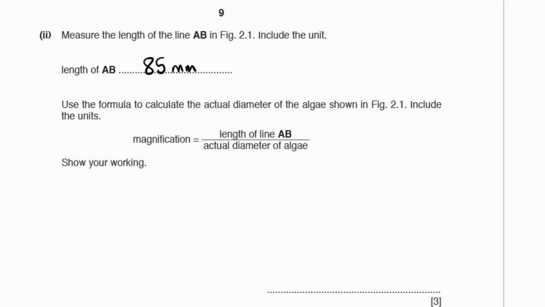85 millimeters. And use the formula to calculate the actual diameter of the algae shown in figure 2.1 and include the units. So magnification equals length of the line AB divided by the actual diameter of the algae.